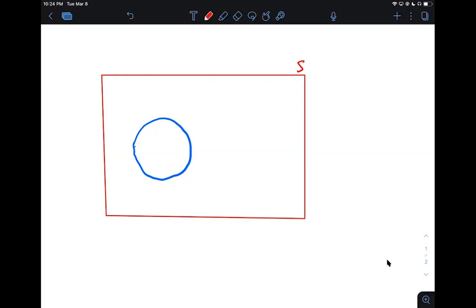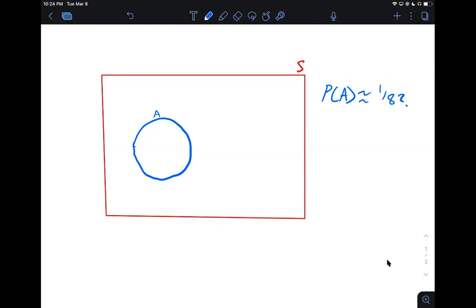So here we could say, let's call this event A, and we can say that the P of A, probability of A, appears to be, oh, I don't know, maybe 1 in 8. And so the size of these basically circles, or we could draw them as rectangles, whatever, in the sample space S is proportional to their probability.